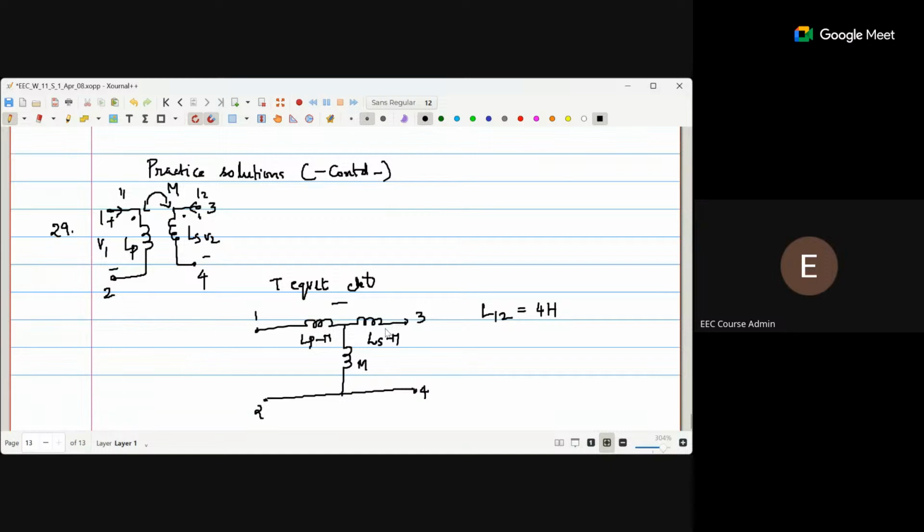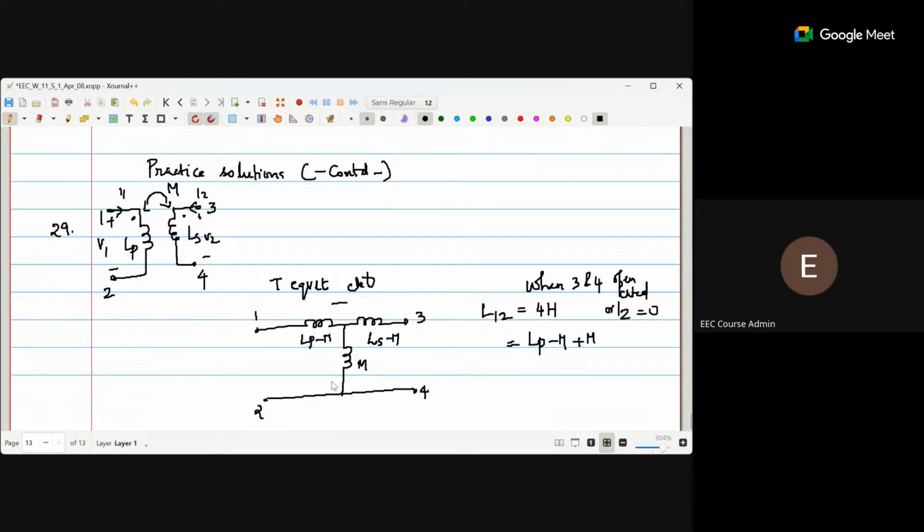So when 3 and 4 are open circuited, or I2 is 0, L12 is 4 Henry. So that is equal to LP minus M plus M, because we already discussed while deriving that with this port being open circuited, I2 is 0, there will not be any current flowing through this.